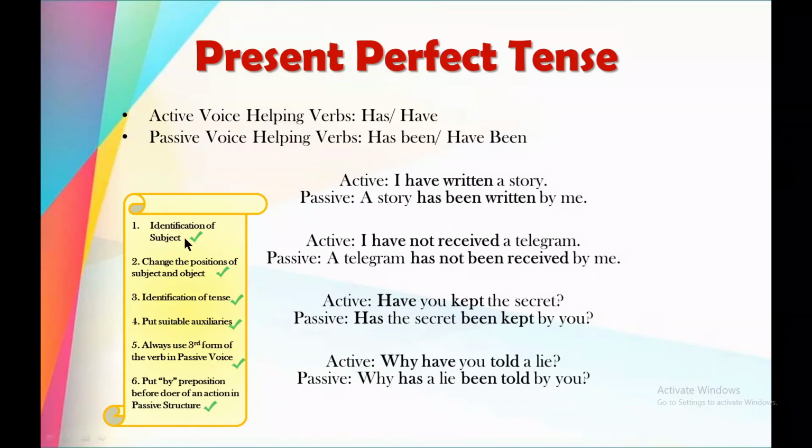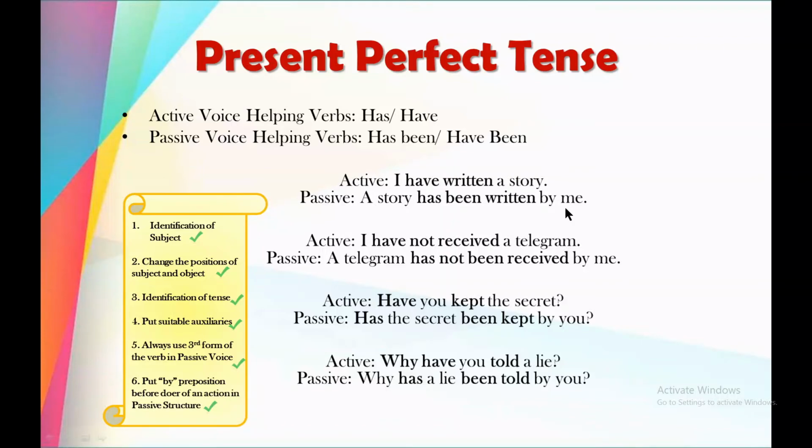Identification of subject and object, change the positions of subject and object, identification of tenses, put suitable auxiliaries, and then these all 6 steps you need to follow by changing the voice of present perfect tense from active into passive structure. So I have written a story, has been written by me.